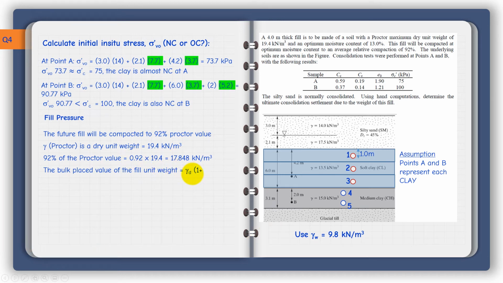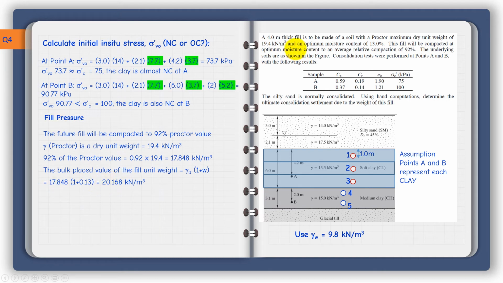You need to know it, or it could have been given to you. So I multiply the dry unit weight times 1 plus the moisture content. It means that the bulk unit weight of the fill that will come here is basically 17.85 times 1 plus moisture content 0.13, that's 20.168.